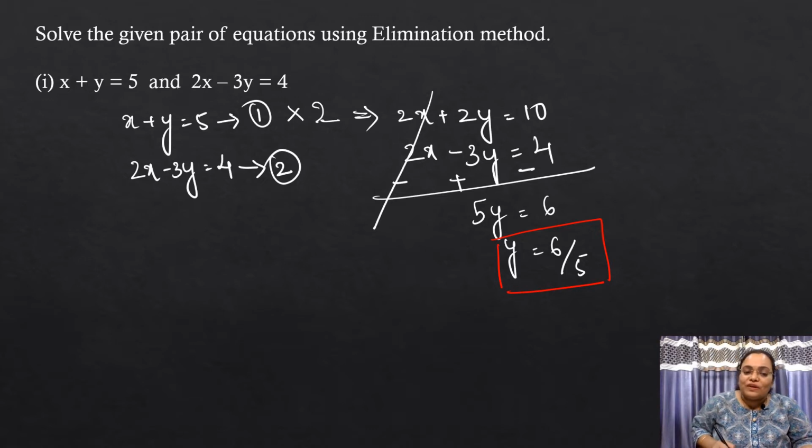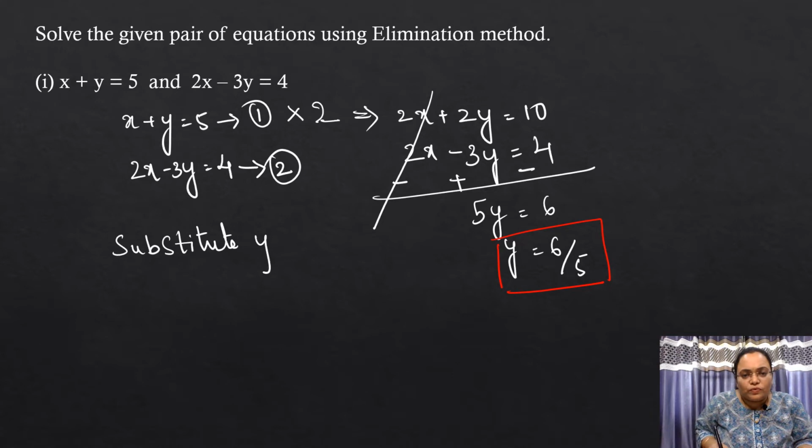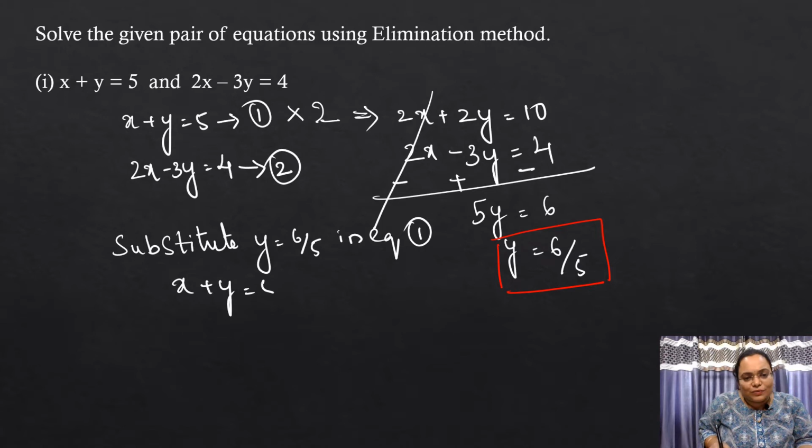Now we will substitute this y value in the original equations, any one of the equations you want. But to make it easy, we will take the easiest equation. Substitute y is equal to 6 by 5 in equation 1. What is equation 1? x plus y is equal to 5.